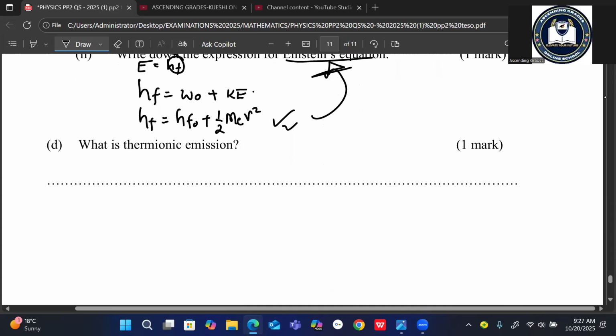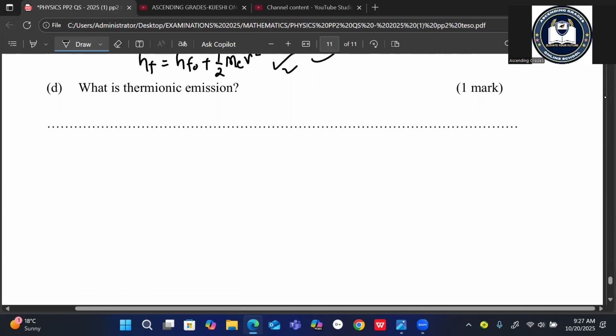Then you ask, what is thermionic emission?